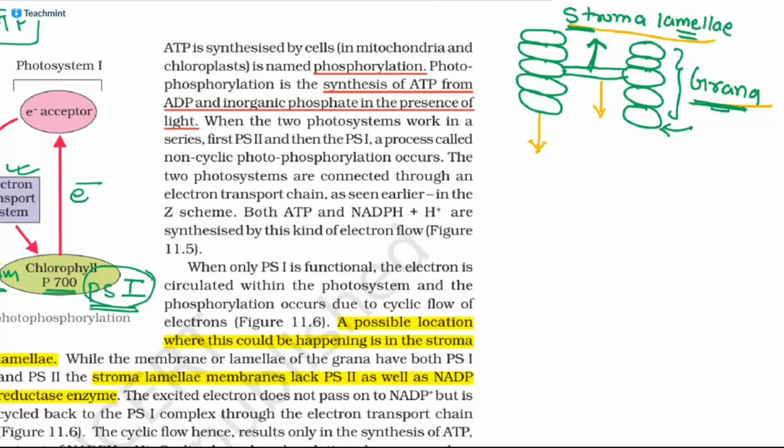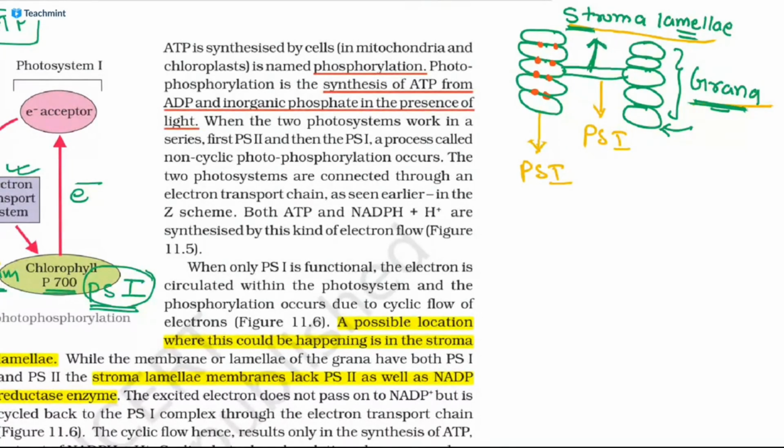So here also photosystem 1 will be present, and in the grana membrane also photosystem 1 is present. So photosystem 1 is present in both stroma lamellae and grana. Where is photosystem 2 present? Photosystem 2 is only present in the grana.